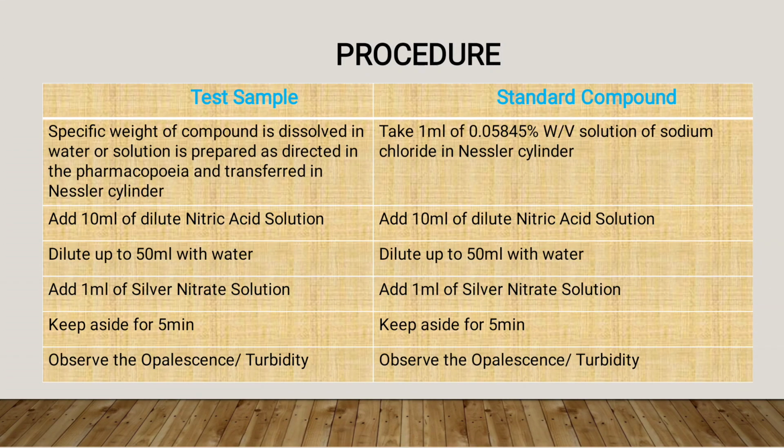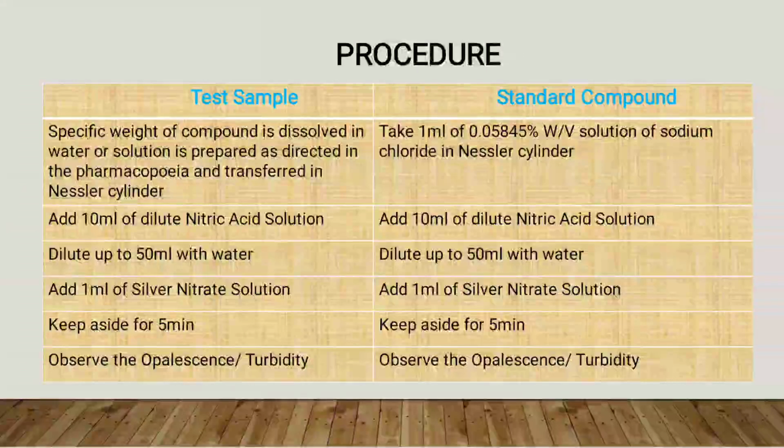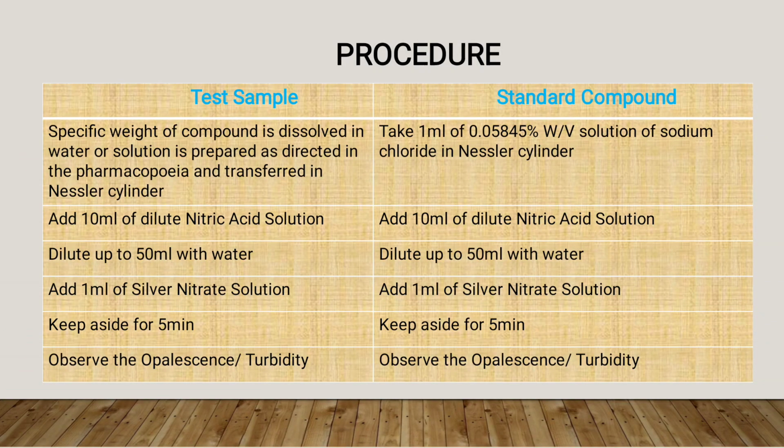The Indian Pharmacopoeia gives a limitation, for example 1%, 0.1%, or 0.001% of impurity that is permissible. For chloride, the permissible impurity is given as 0.05845 percent weight by volume.